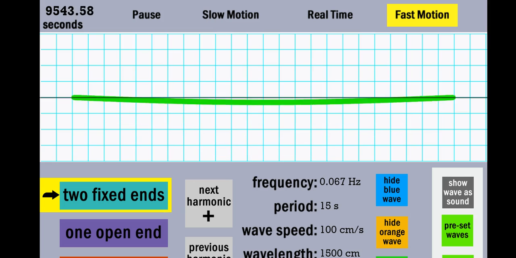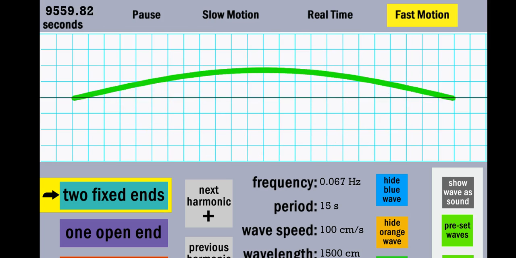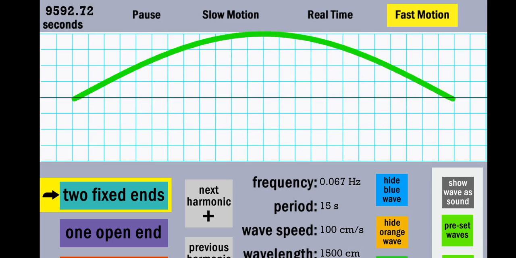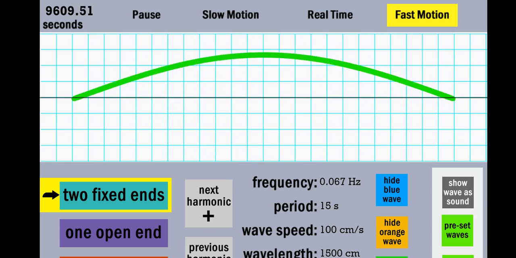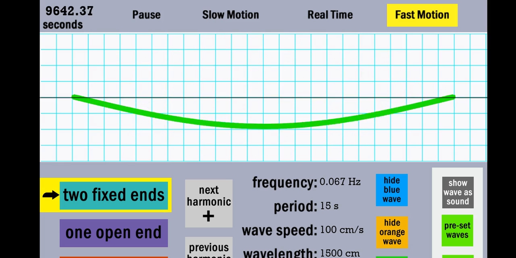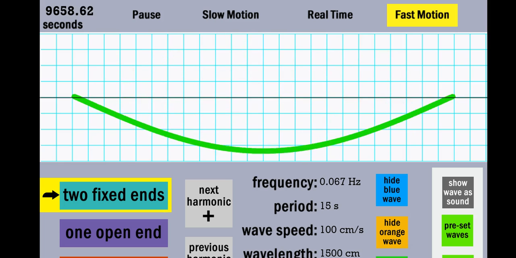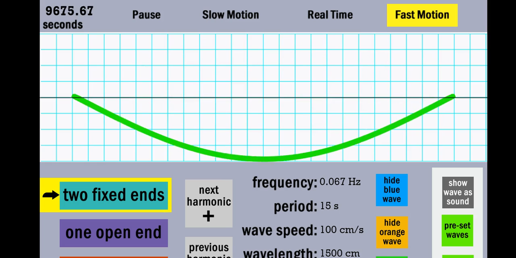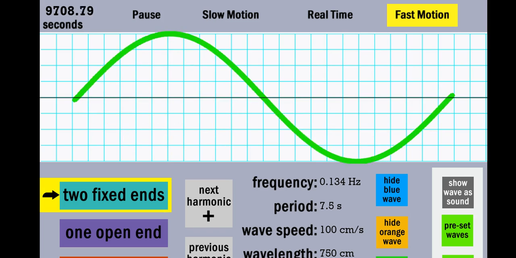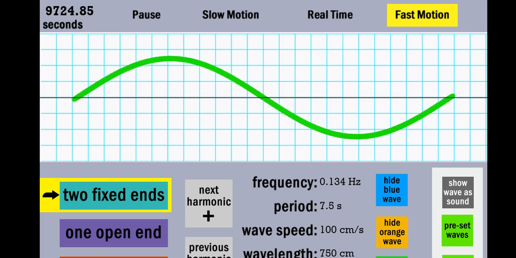Now, this is not the only way that it vibrates. It actually vibrates lots of different ways all at the same time. And that's what gives each instrument a different timbre, the different mixture of these different harmonics. So let's take a look at another harmonic. It's got to have nodes at each end. So this is another mode of vibration.